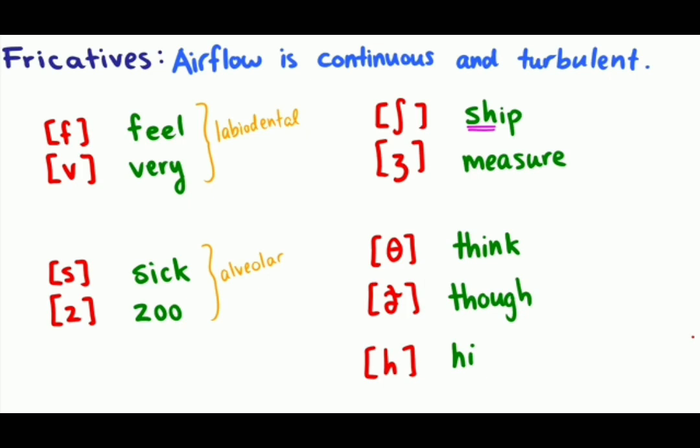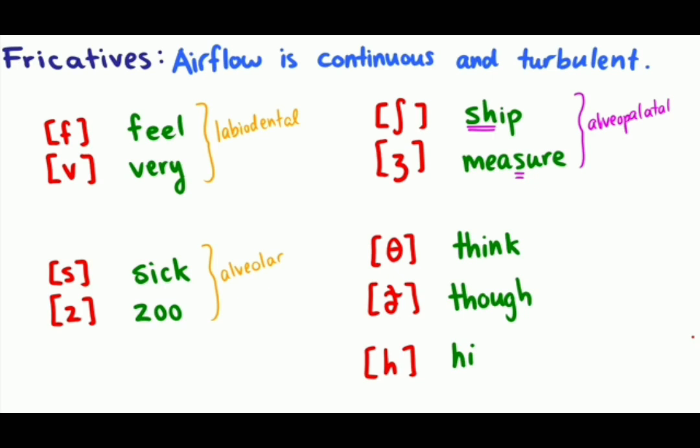This is the counterpart with some vocal vibration, as in "measure." These are alveopalatal, meaning they are made just behind the alveolar ridge. So s, sh, s and sh, z and zh, z and zh. You can hear the difference between them, and you can feel the difference.